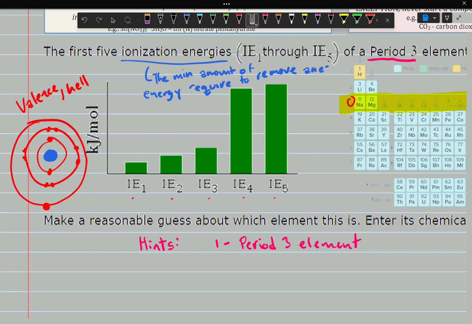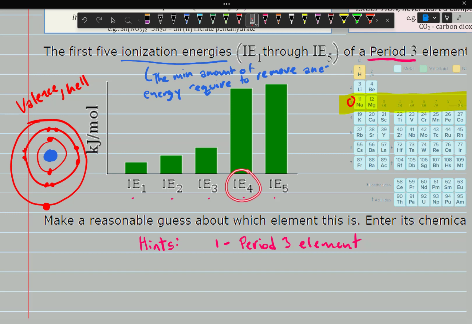So, using this principle, we can see that the first electron we take away is pretty easy. The energy level is relatively low. The next electron we take away is still relatively low, a little bit higher, but still low. Same with the third energy. Not too much energy is required to take this electron away from the atom.